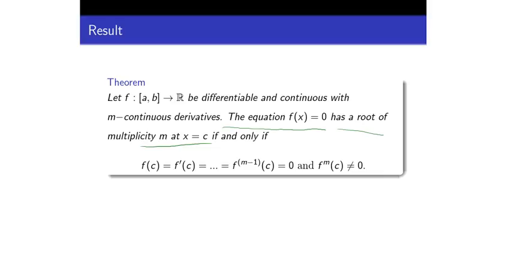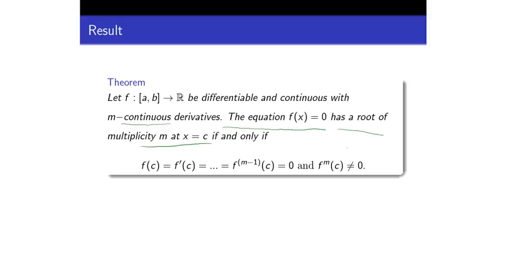And you are assuming that the mth derivative is continuous. So you don't require the limit as x tends to c of the mth derivative of f being non-zero, because of the continuity you can directly write it, because they are equal. If the mth derivative is continuous, then there is no need to write it in the limiting way.